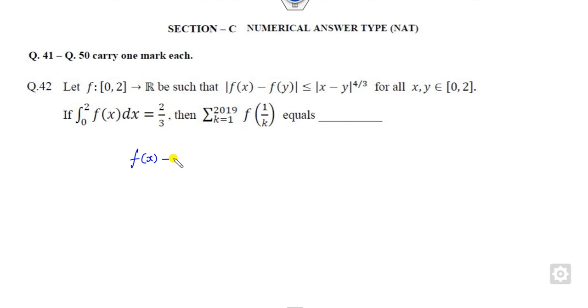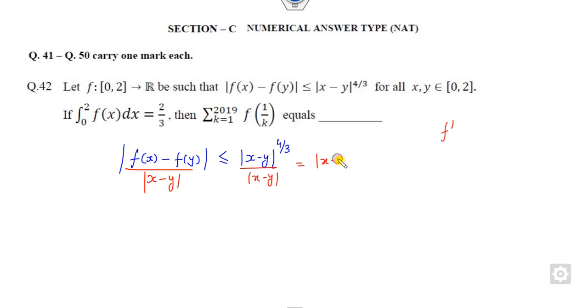What is given to you is that mod of f(x) minus f(y) is less than mod of x minus y raised to the power 3 by 2. Now which thing comes to your mind first when you look at this expression? That is the derivative. If you divide both sides by mod of x minus y, this part is nothing but mod of x minus y raised to the power 1 by 2, and that portion is the difference quotient.